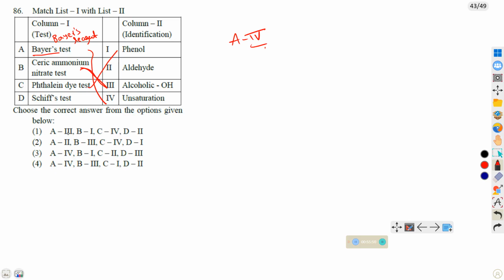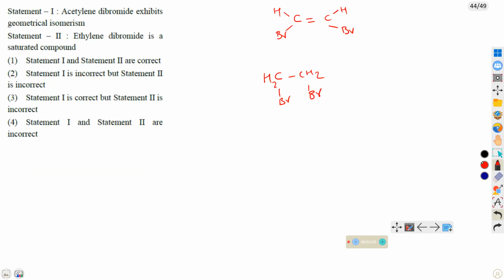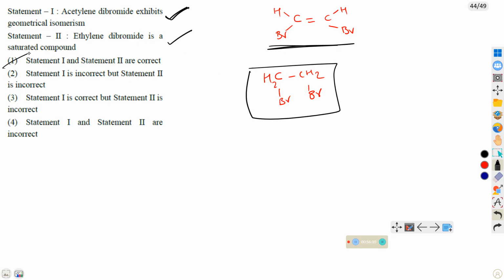Based on this, A4, B3, C1. Fourth option correct. Acetylene dibromide exhibits geometrical isomerism. Yes, it exhibits geometrical isomerism. Ethylene dibromide is a saturated compound. Correct. Both the statements are correct.